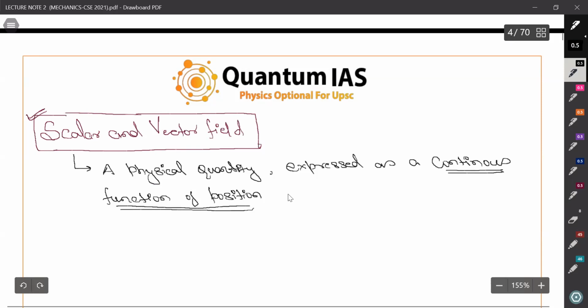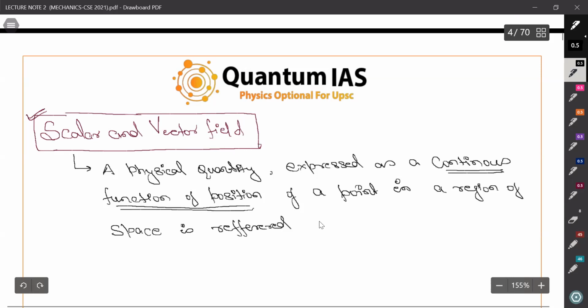A function of position of a point in a region of space is referred to as a point function.